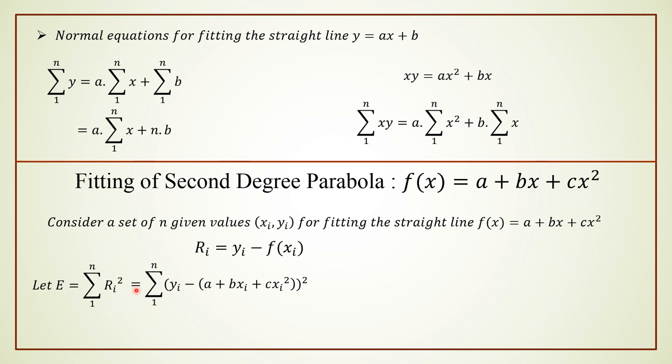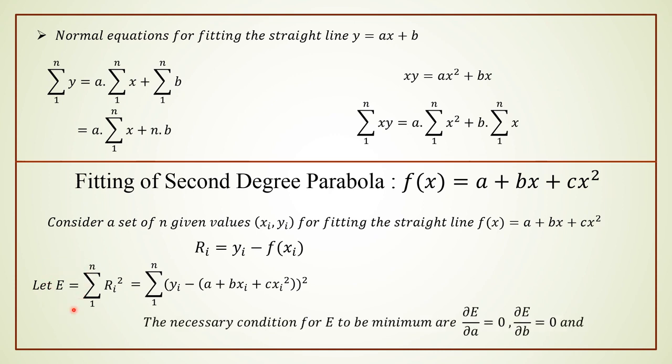Now in order to find the curve y is equal to f of x, we have to make E minimum. So the necessary conditions for E to be minimum are ∂E/∂a equal to 0, ∂E/∂b equal to 0, and ∂E/∂c equal to 0.